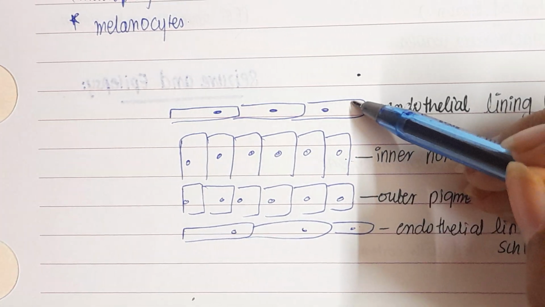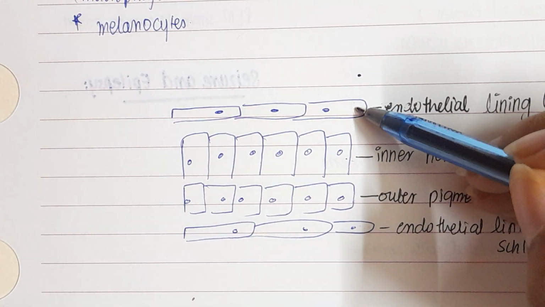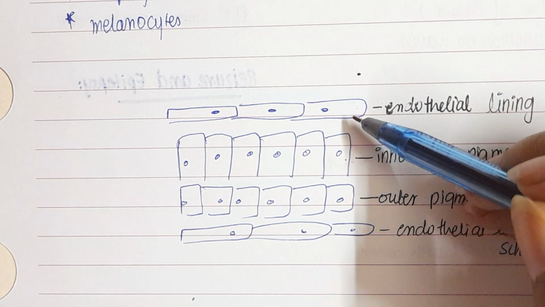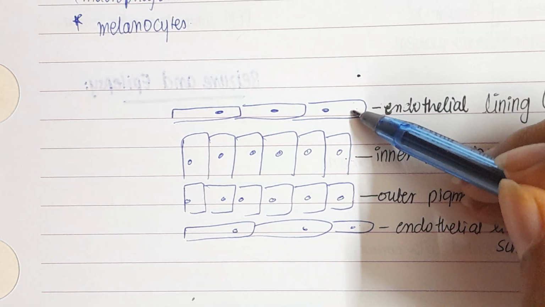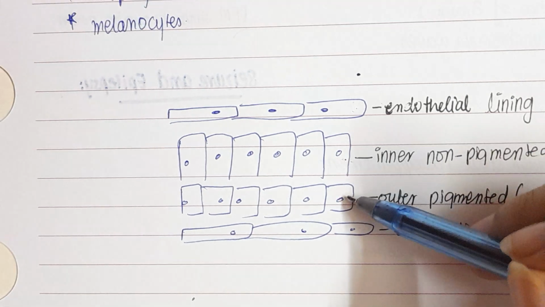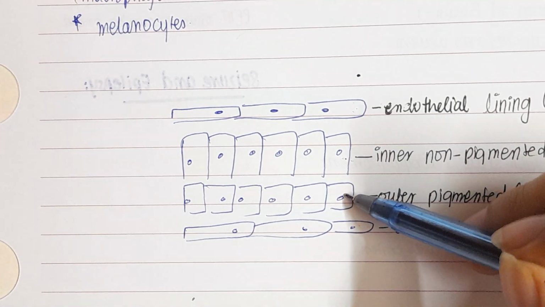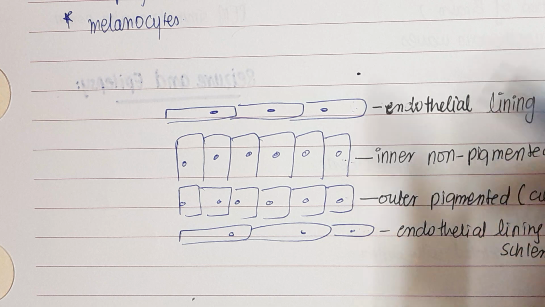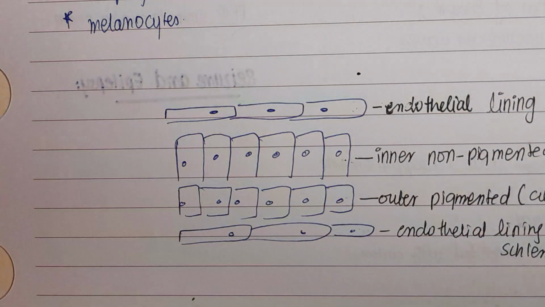The tight junctions are present between the endothelial lining of the stroma, then between the inner non-pigmented cells, between the outer pigmented cells, and between the endothelial lining of the canal of Schlemm.